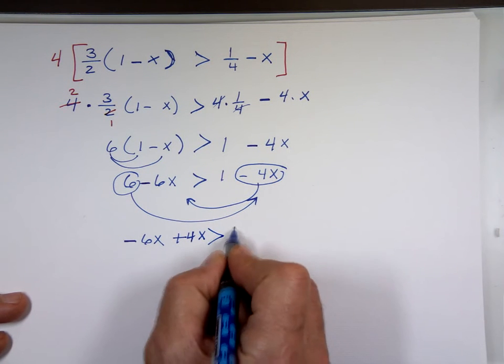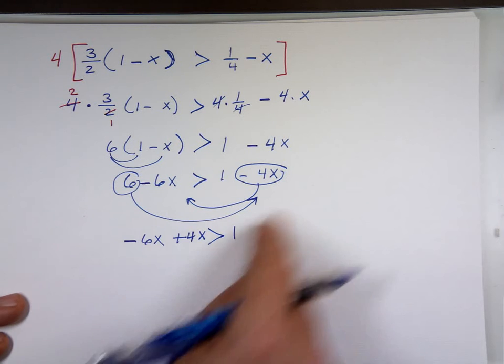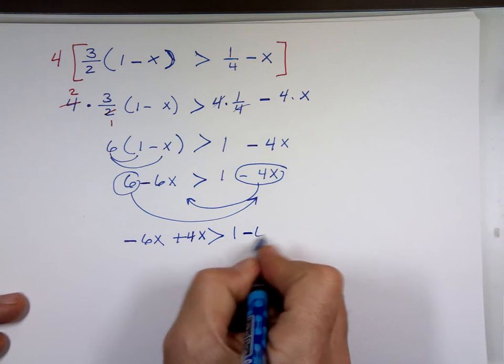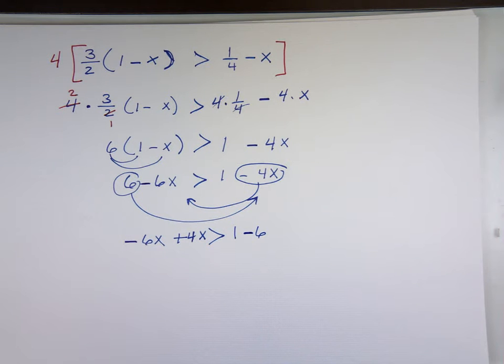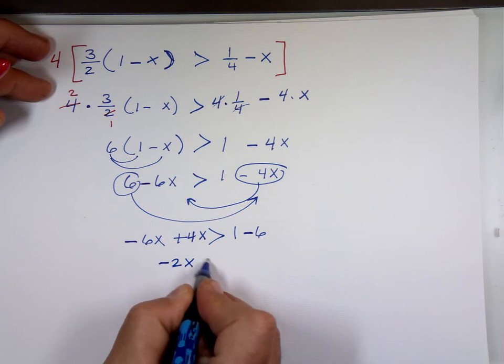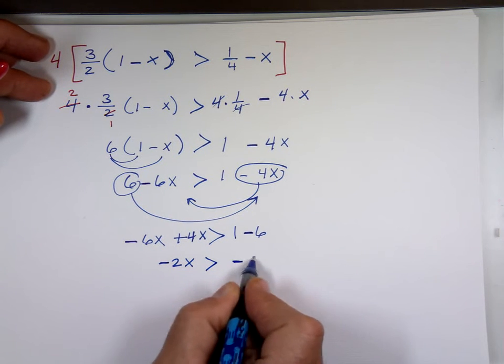There's the one that's now moving. When I take the 6 to that side, that becomes minus 6. What's negative 6 plus 4? Greater than negative 5.